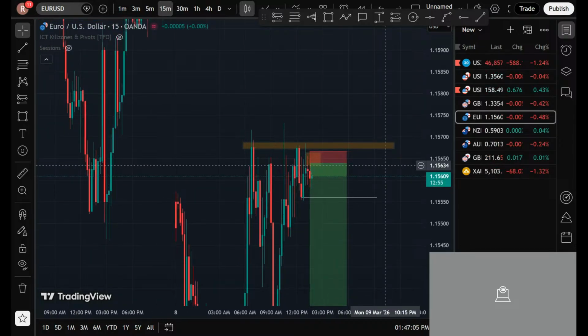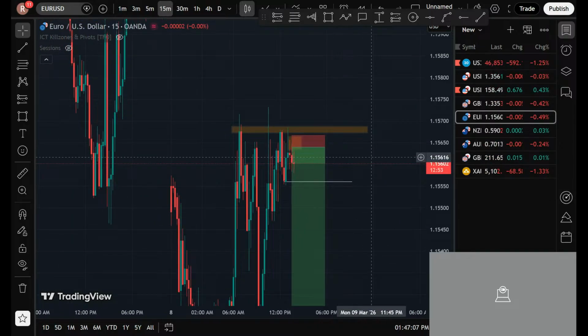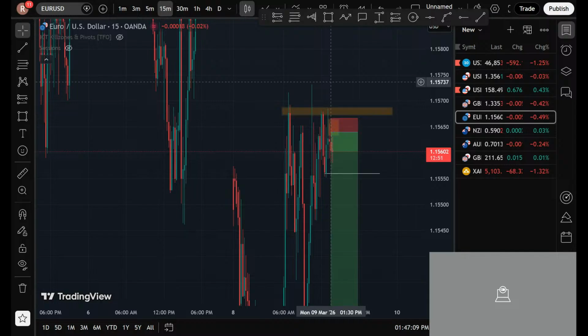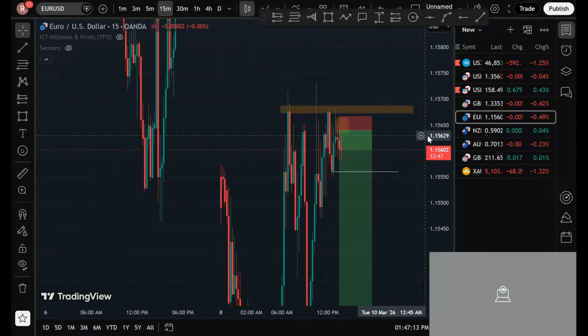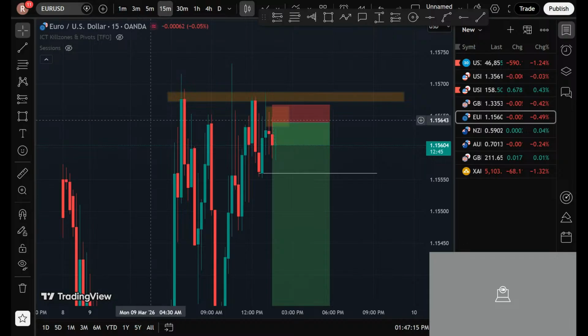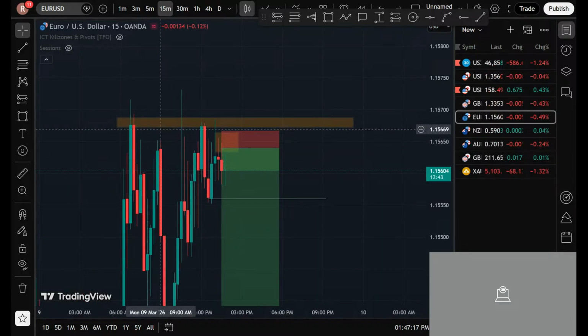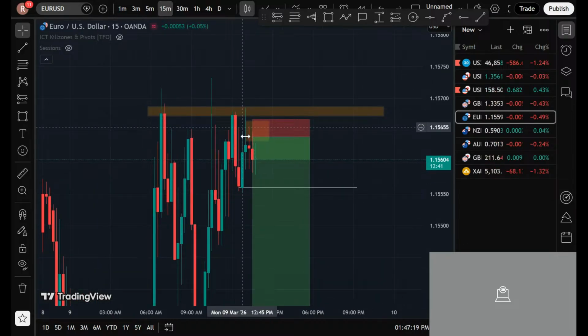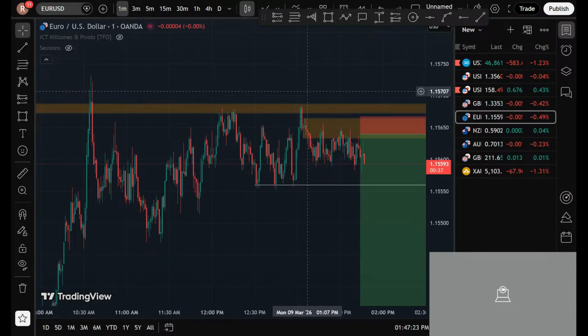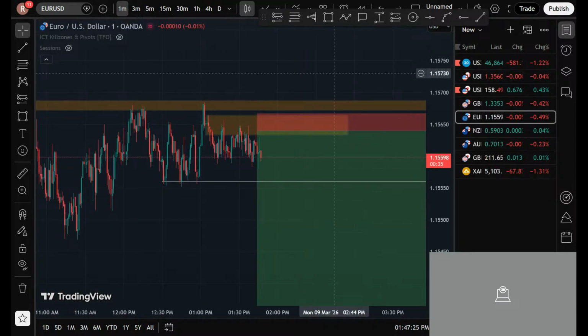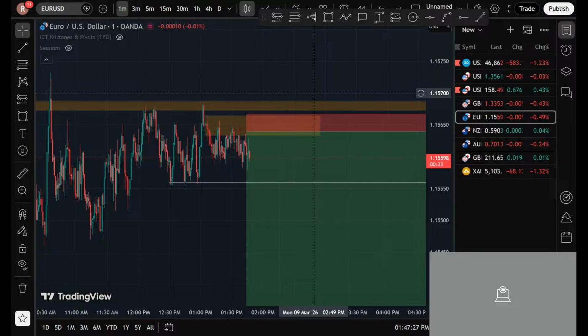And the sellers have not been able to take this place out. Means if market once steps over here, I'll be interested for sales again.